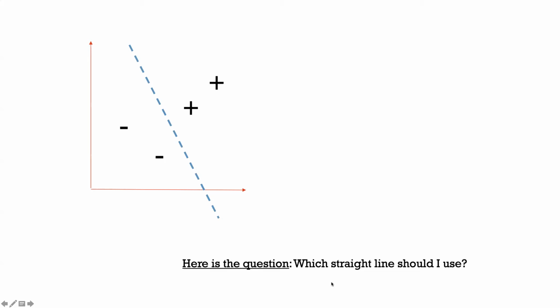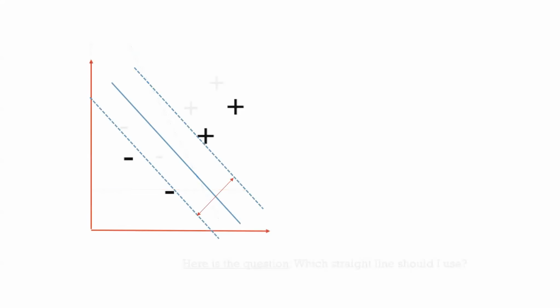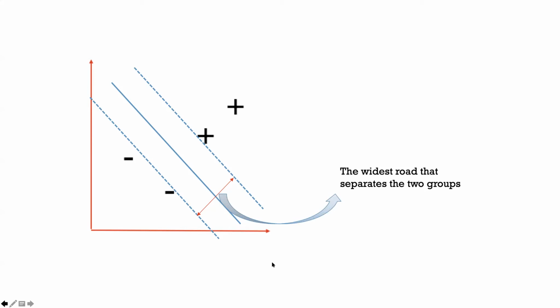You already know that there are millions of lines like that, but I should find the one which is more useful for me to separate these two classes. So which one should I use? Here is the answer: we will find the widest road that separates the two groups.